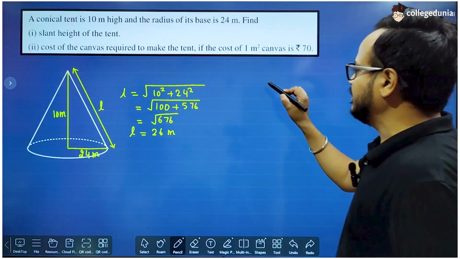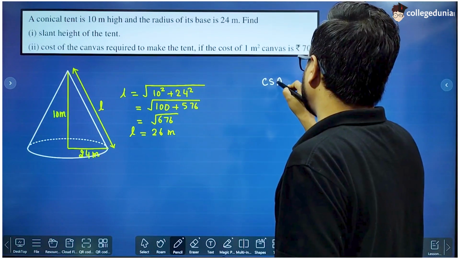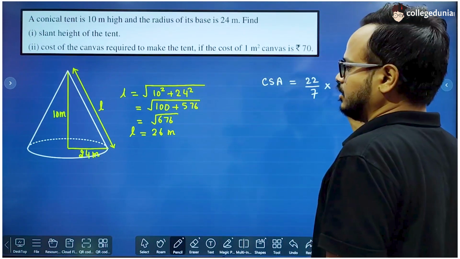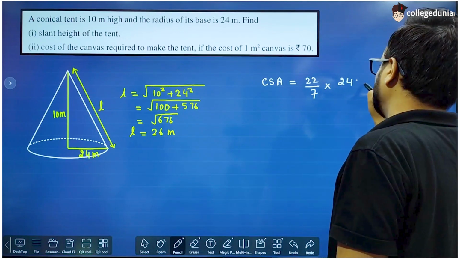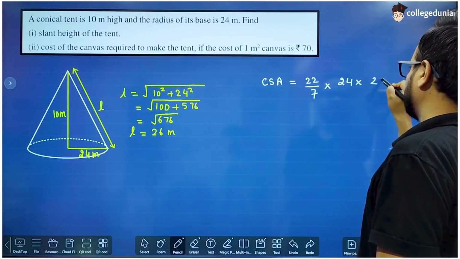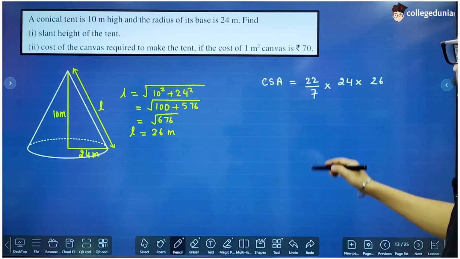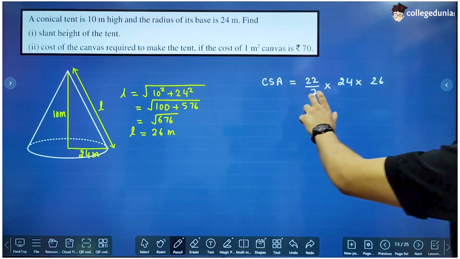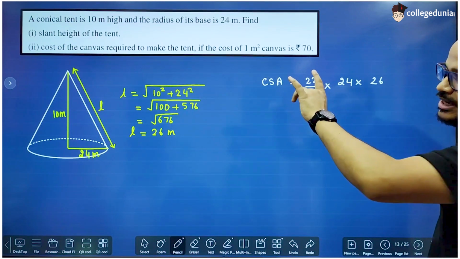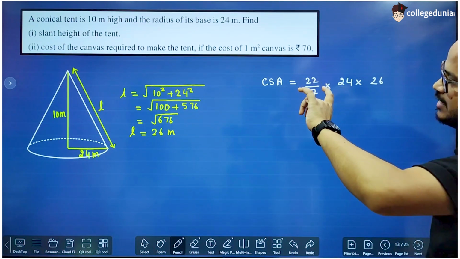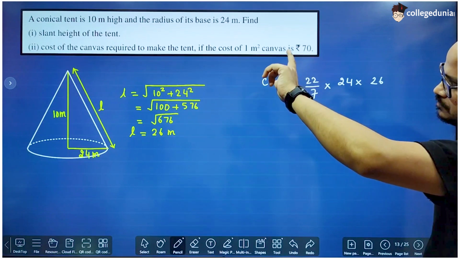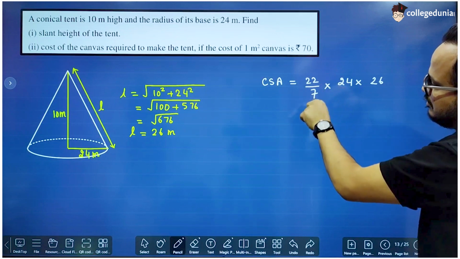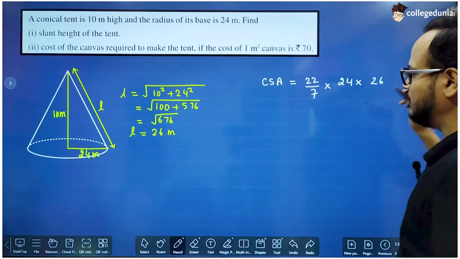So we just have to find the curved surface area, which is pi r L. We will not calculate this first, because we have to multiply it by 70 to find the total cost, and if we multiply by 70, this 7 will get cancelled out. So after that we will do the calculation.